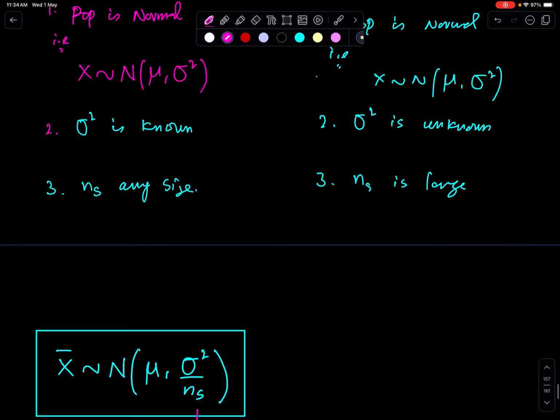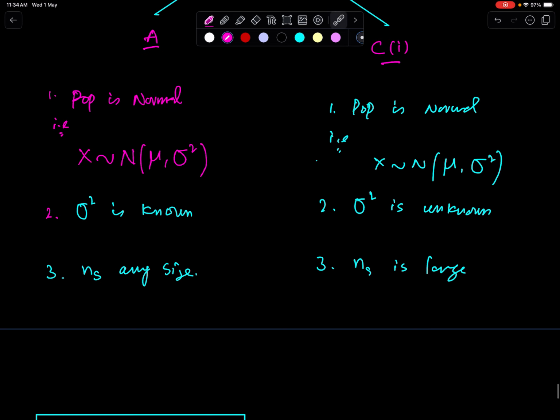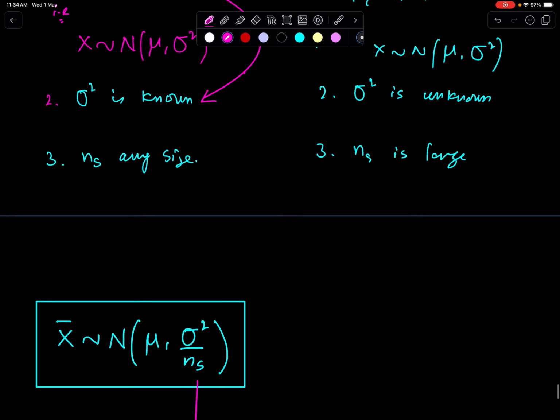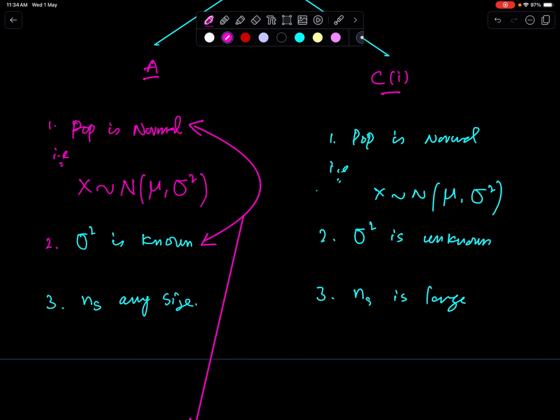Now case C1. Well, in case C1, population is normal and n is large. Now this is very important. Here these 2 things help you to find the distribution of X bar.